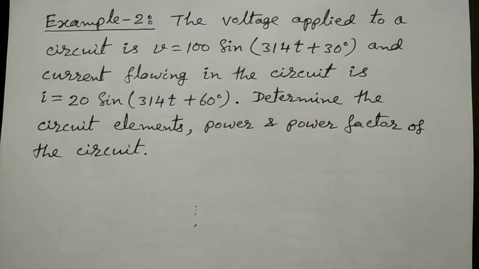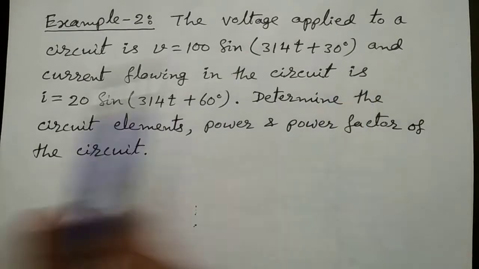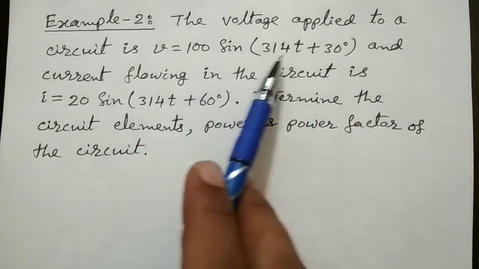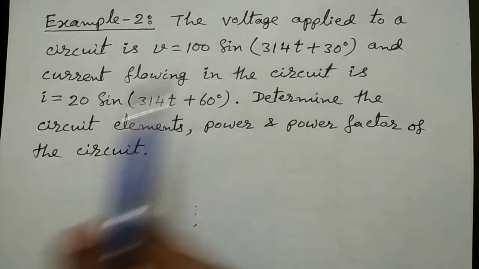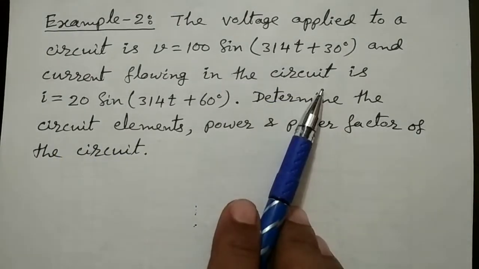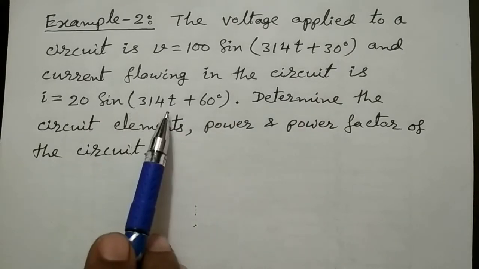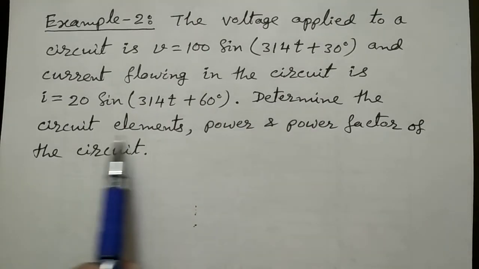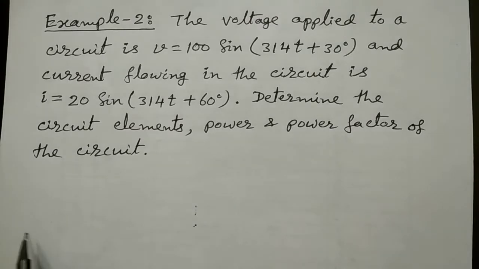In the second example, the voltage applied to a circuit is V equal to 100 sin 314t plus 30 degree, and the current flowing in the circuit is I equal to 20 sin 314t plus 60 degree. Determine the circuit elements, power and power factor of the circuit.